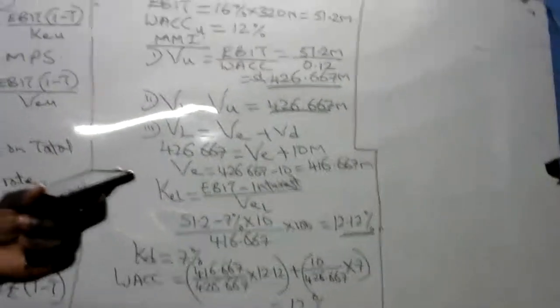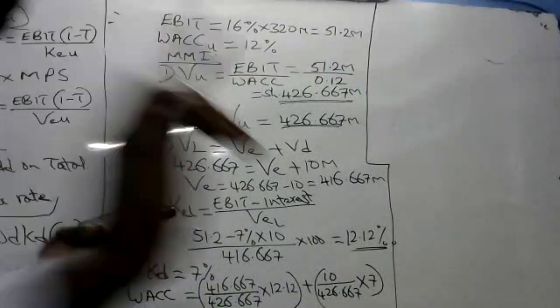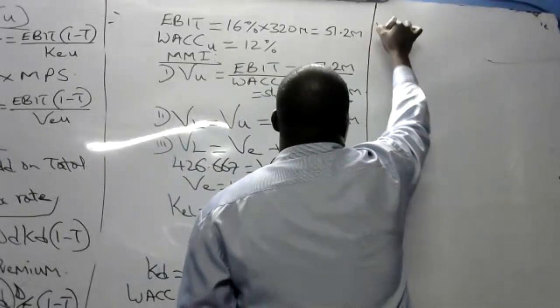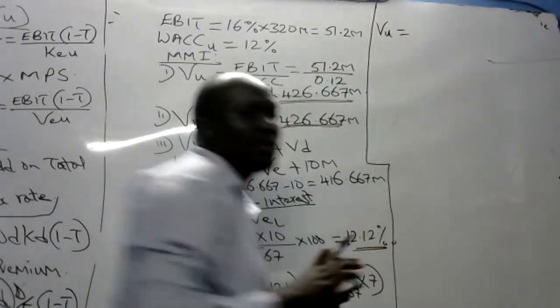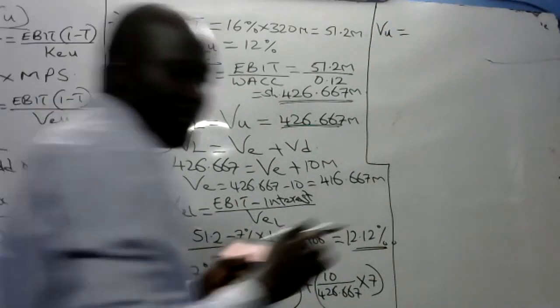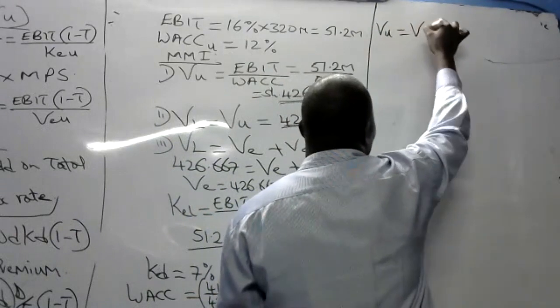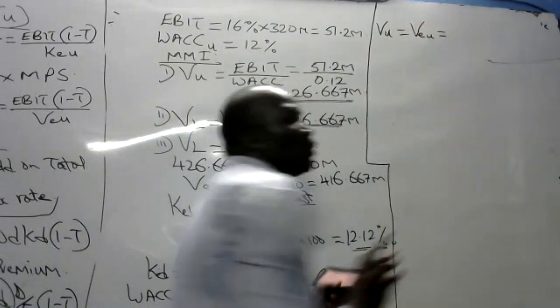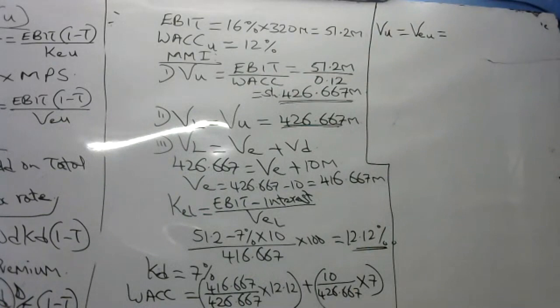The value of the unlevered farm equals to... even if you are smart, just say value of equity and then keep quiet, so that you are also part of the answer. The unlevered farm has no debt, right? So just hold on to that first. The unlevered farm has no debt.